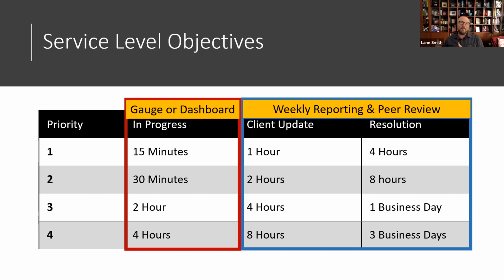And what I mean by peer review is I always build a team in levels, right? Level 1, 2, and 3, and level 2, they're responsible for looking at what's happening with the level 1 queue, and level 3 are looking at the level 2 queue, et cetera, right? So that's what I mean by peer review, okay?